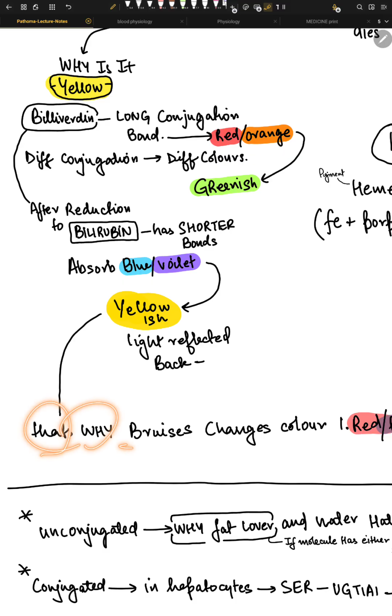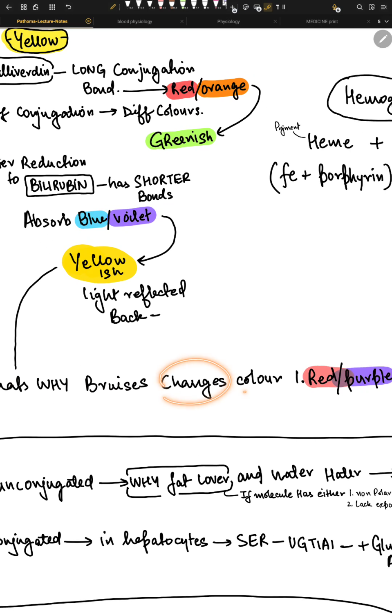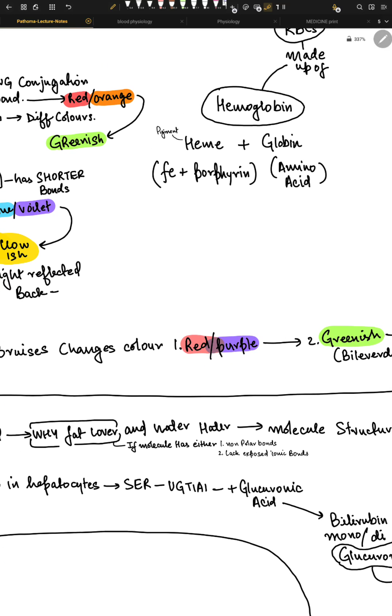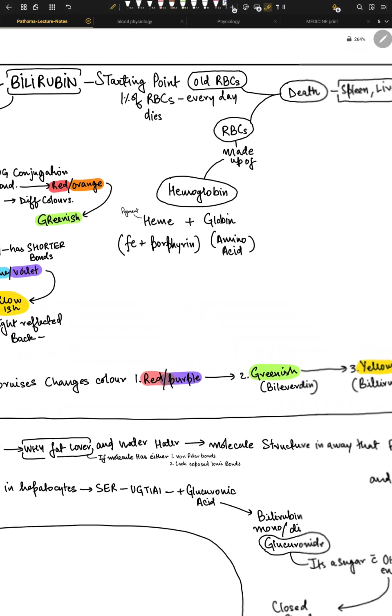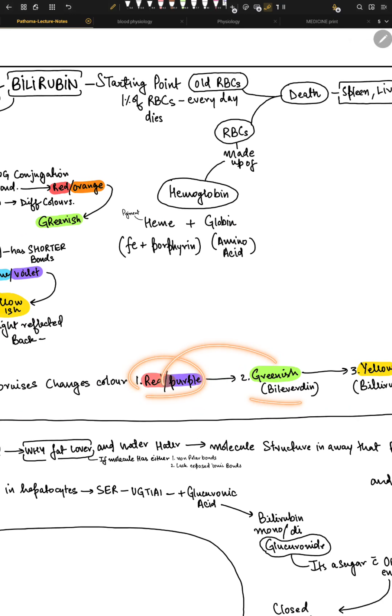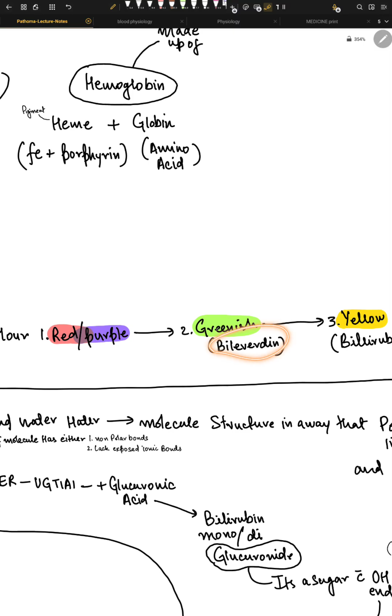So that's why bruises change color. Bruises are these wounds, right? I hope you understand that. The acute color of the wound is red and purple due to hemoglobin, which then leads to greenish biliverdin, because biliverdin is green.